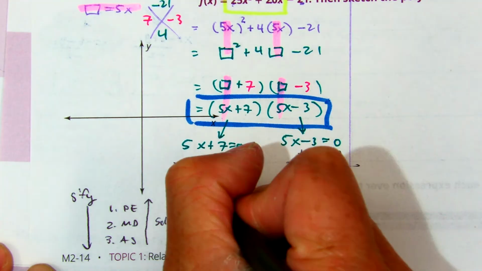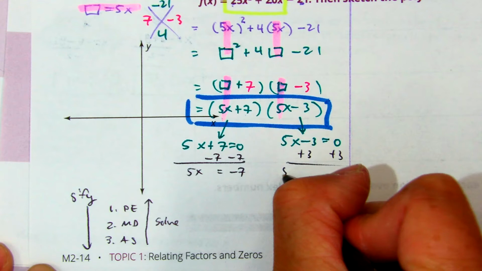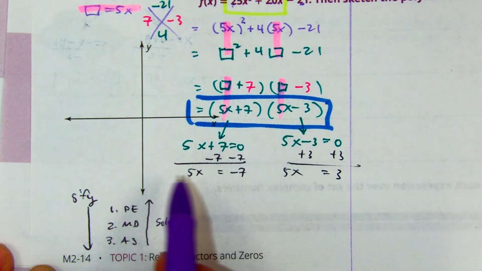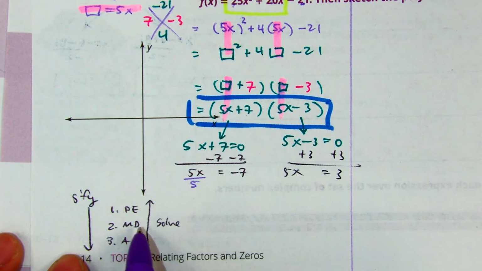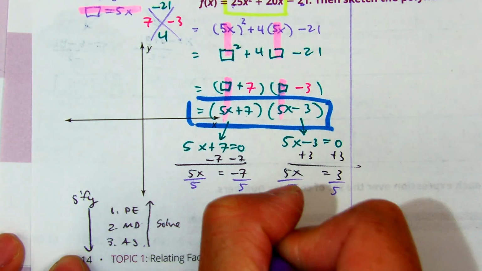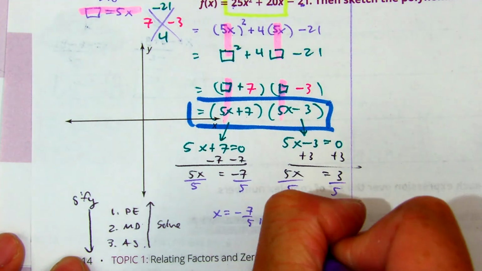I get 5x equals negative 7. 5x equals 3. Class, how do I get rid of the 5s there? Now we divide. You see that? Going this way. X equals negative 7/5. X equals 3/5.